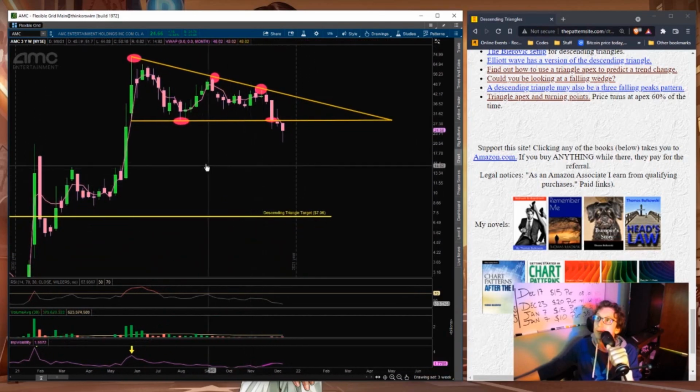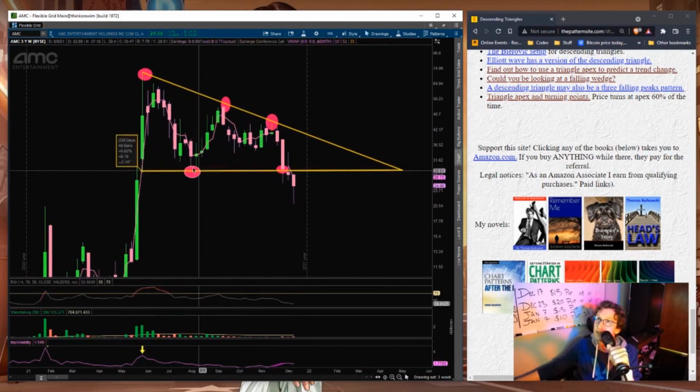So the height of this pattern is considerable, with a high of $72 and the low being at about $29. Let's just say 72 minus, it's like 40 bucks, but yeah, let's say 72 minus 29-ish.